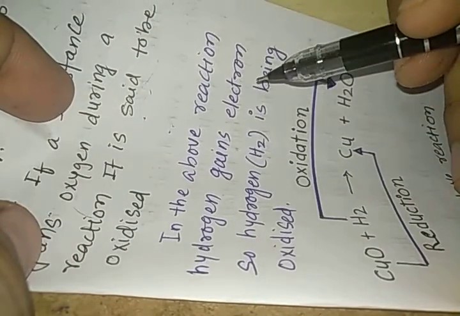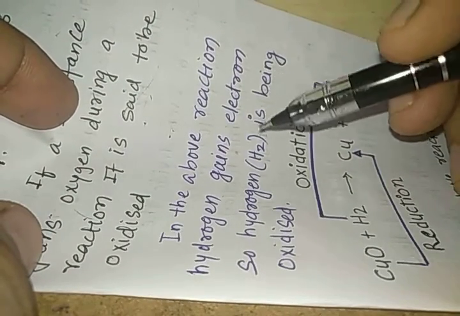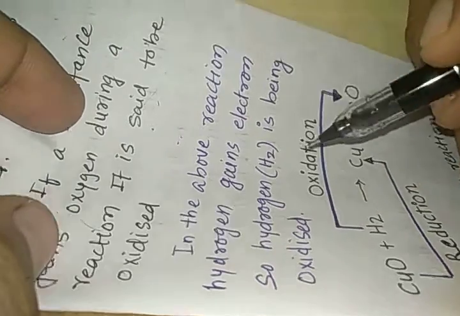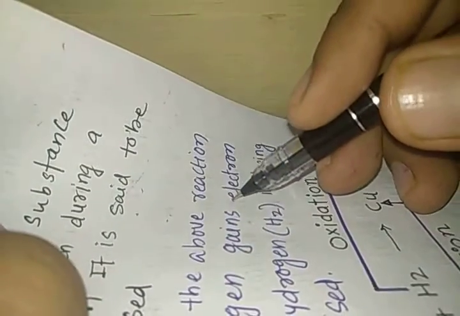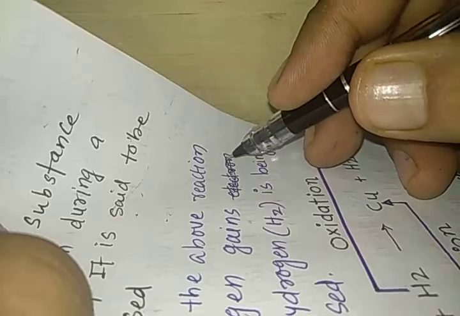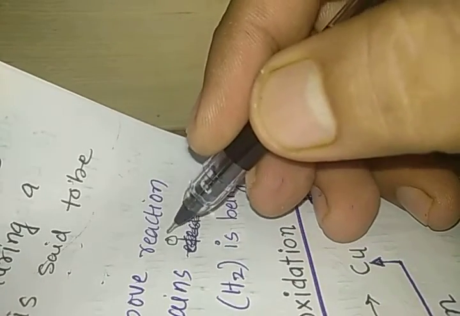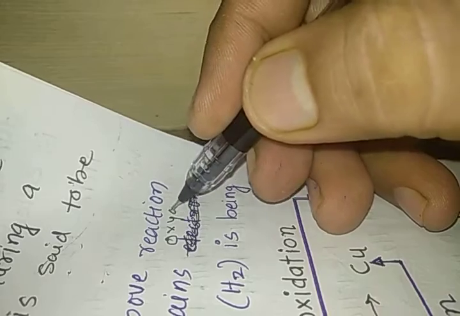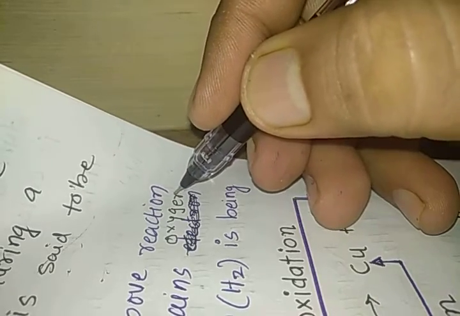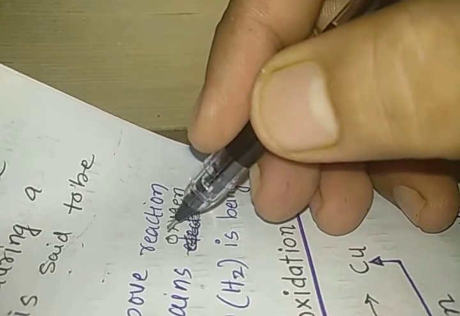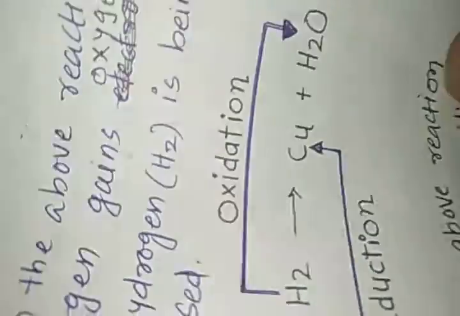In the above reaction, hydrogen gains oxygen, so hydrogen is being oxidized. It's not electron, but it should be oxygen. So here hydrogen gains oxygen, and that is why we can say that hydrogen is being oxidized.